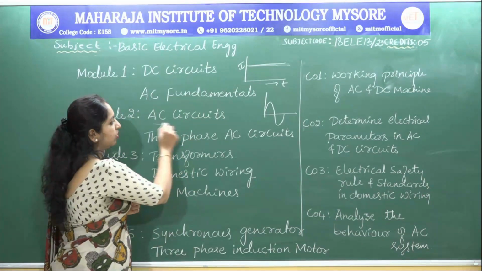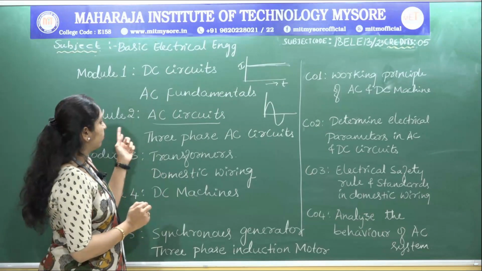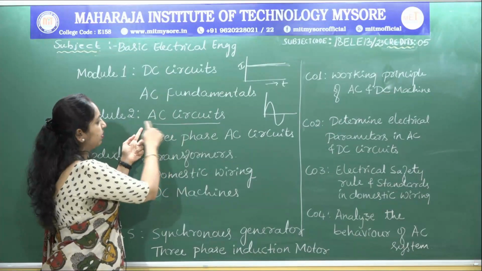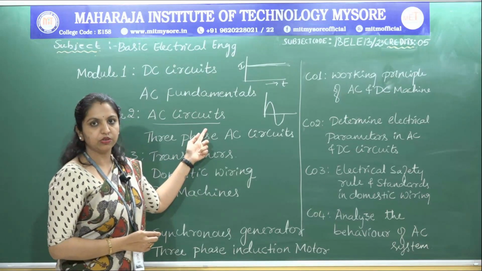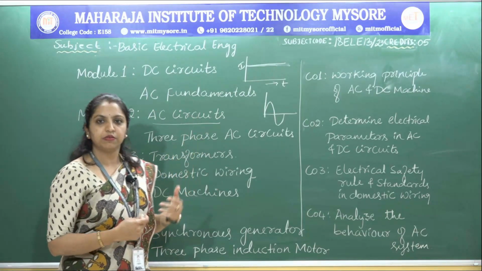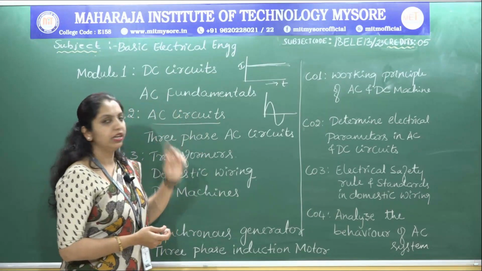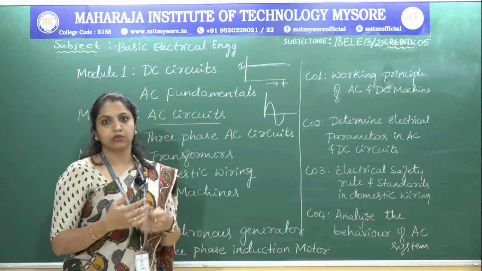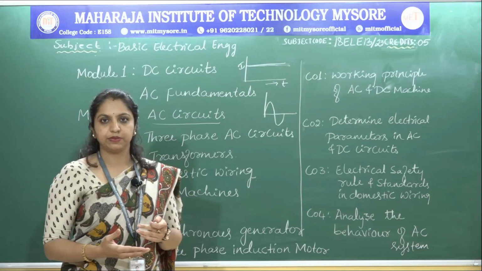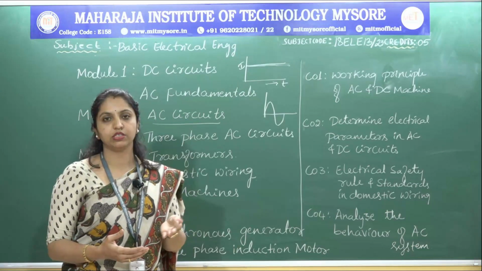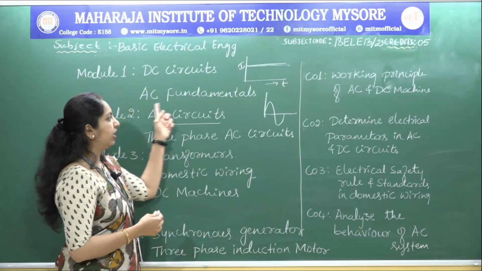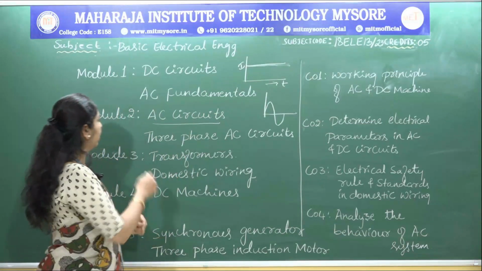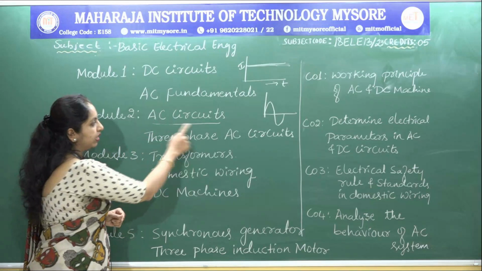AC circuits you are going to study in module 2, the first chapter. Before you learn AC circuits, you are going to learn some of the fundamentals of AC, that means how the alternating current is generated and some of the terminologies we use in AC circuits. You will study these in AC fundamentals.